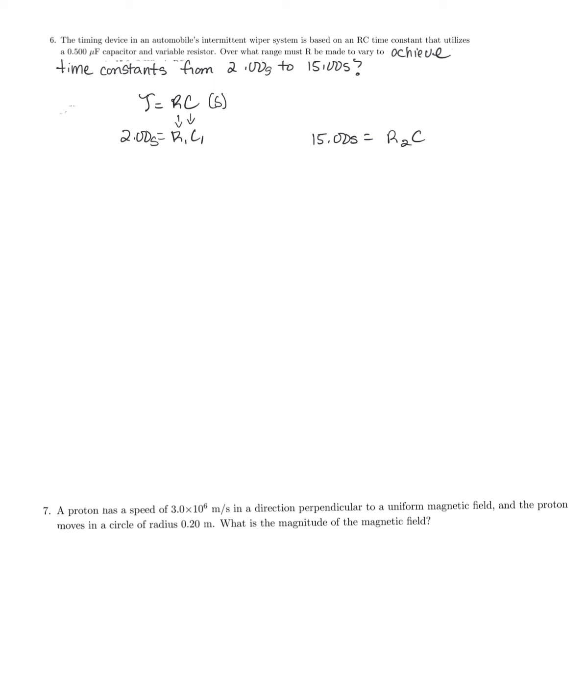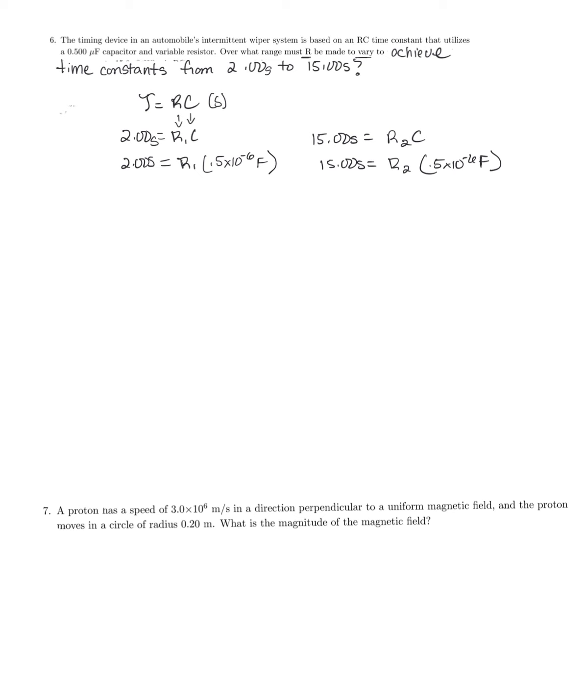Well, actually we don't need to say C2 or C1 because the only thing that's varying here is R. That's the only thing that's varying. So each one has a C of 0.5 microfarads, which is times 10 to the negative 6 farads. And so all we will be doing is solving for our variable, which in this case is just going to be the different R's.